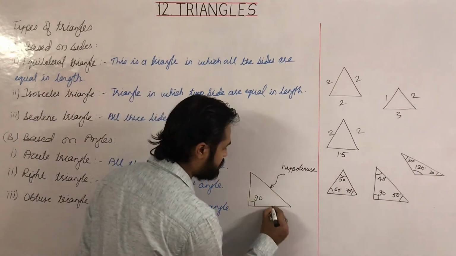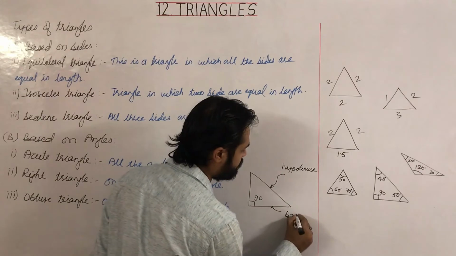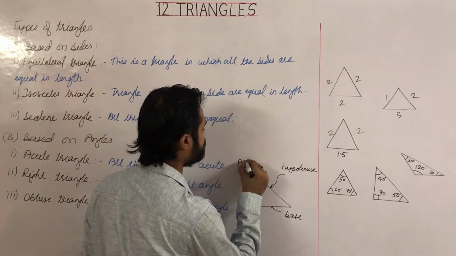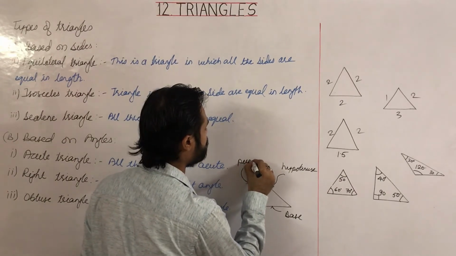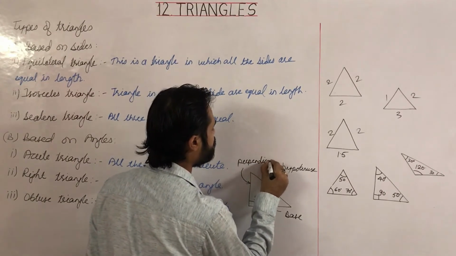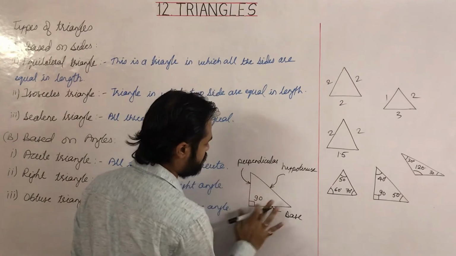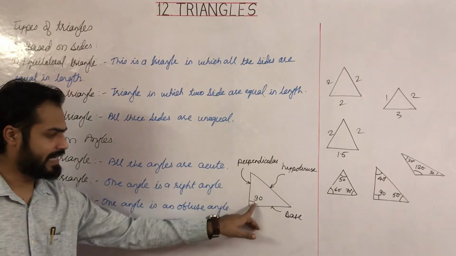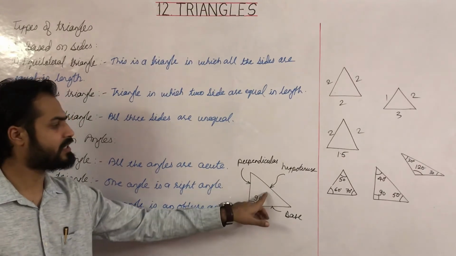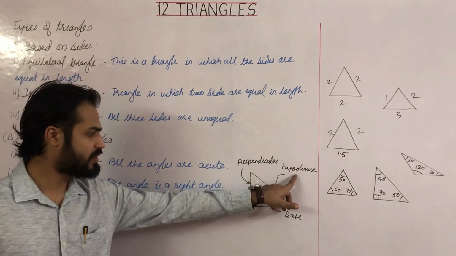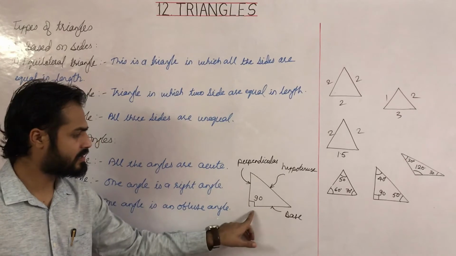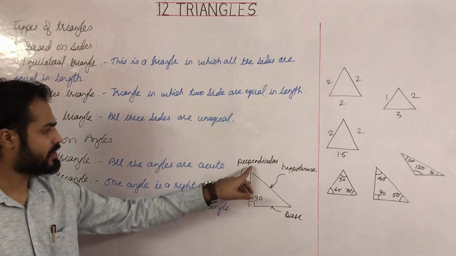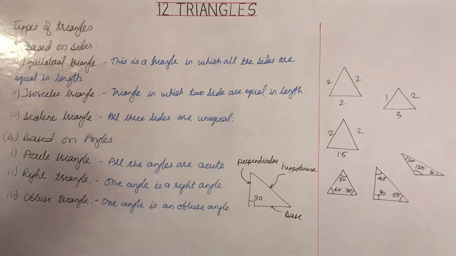This side is known as base and this side is known as perpendicular. So for a right angle triangle, side opposite to 90 degrees is known as hypotenuse. This side is base and this side, vertical side, is perpendicular.